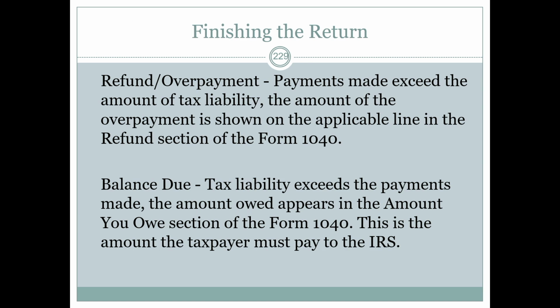A refund is payments made that exceed the amount of the tax liability. The amount of the overpayment is shown on the applicable line in the refund section of the Form 1040.